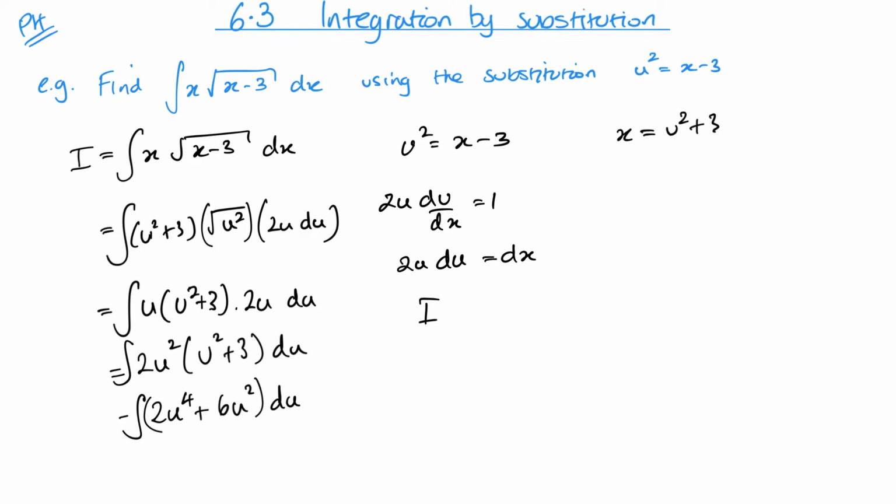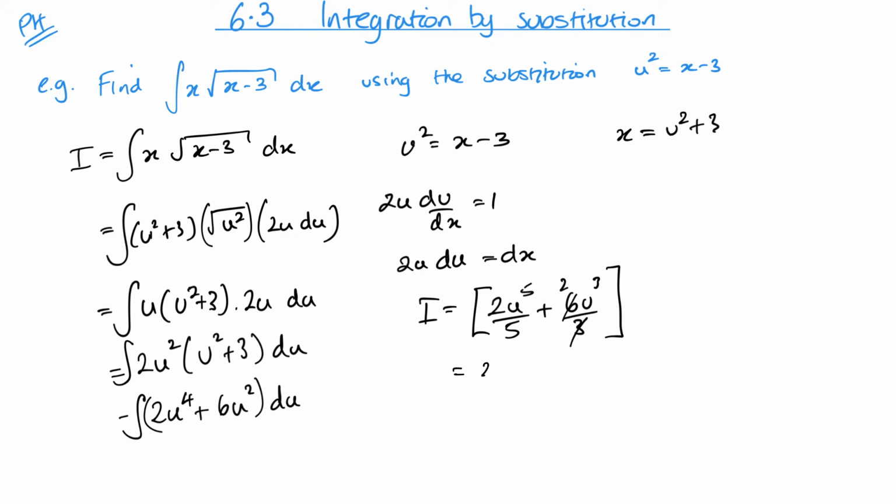Now let's go ahead and integrate this. That's 2u to the 5 over 5 plus 6u cubed over 3. And of course I can simplify the 3 into that 6, because we've actually got this u squared coming in here instead of just a u.